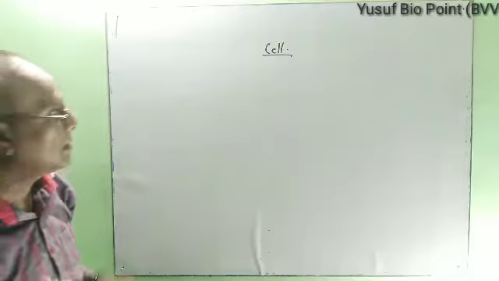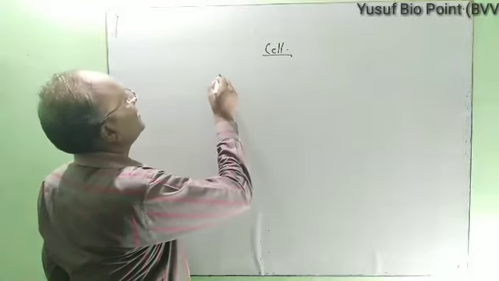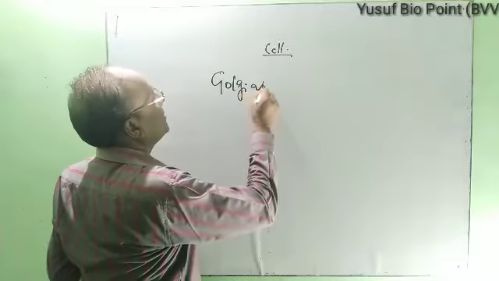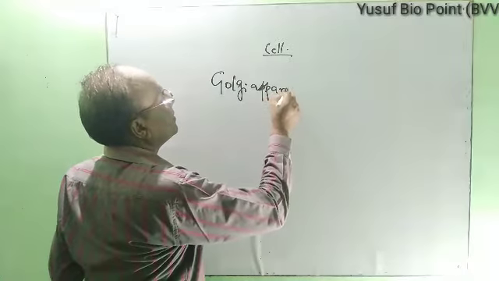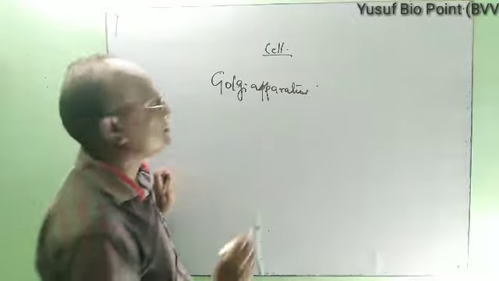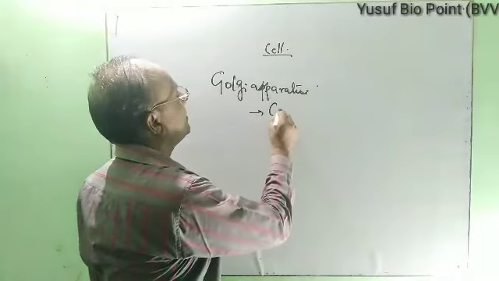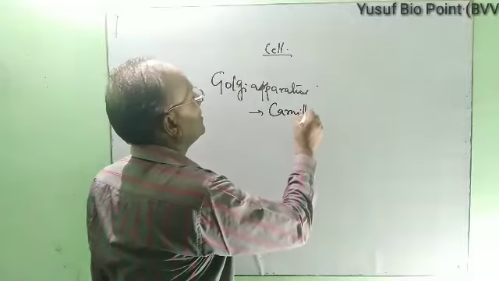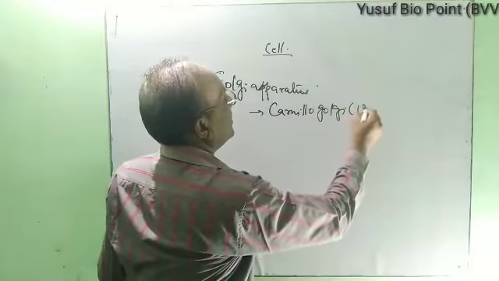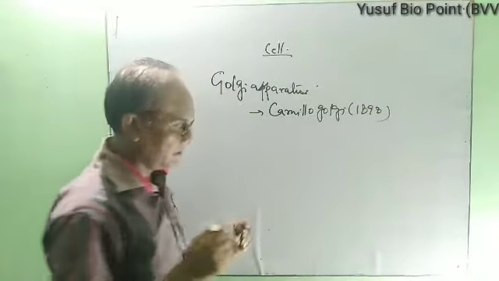Now the next one is the Golgi apparatus, and it was first seen by Camillo Golgi in 1898.